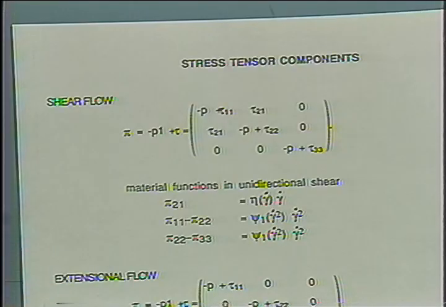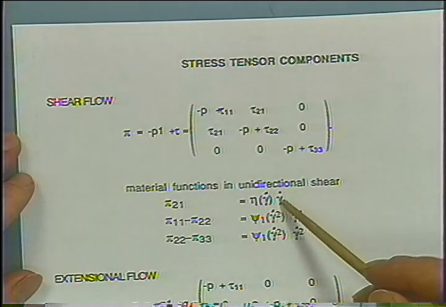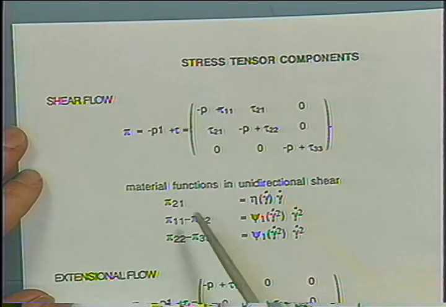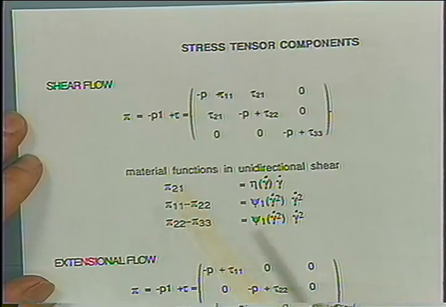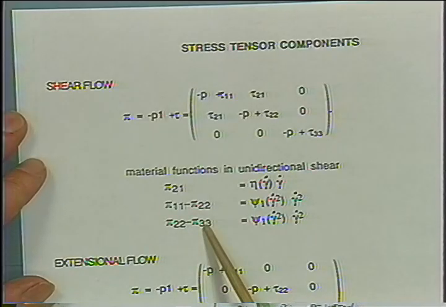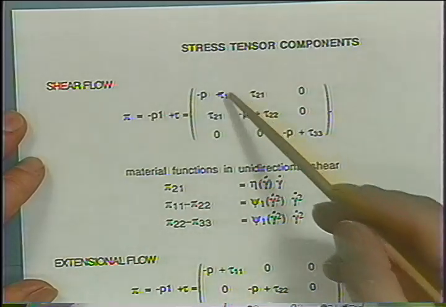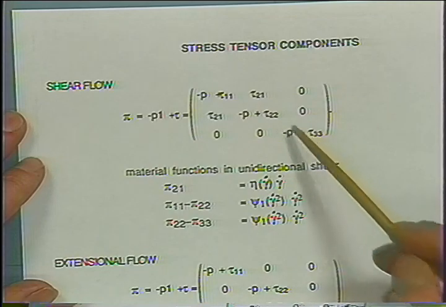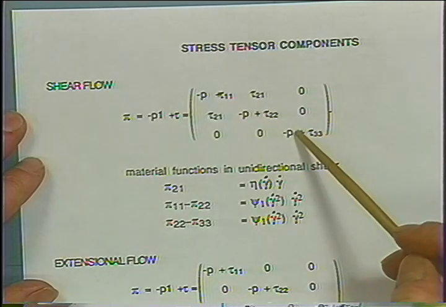Now, when generating shear flow in specific geometries, we have one parameter. That parameter is the shear rate. The shear rate determines the shear stress. It determines the first normal stress difference and the second normal stress difference. Remember, we are not able to determine the absolute value of either one of those terms.